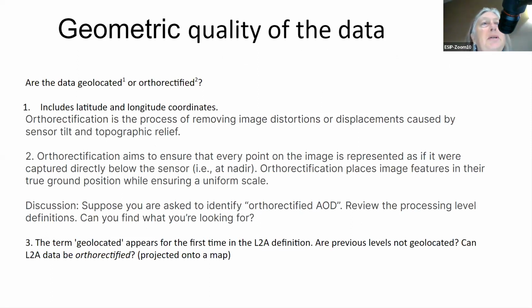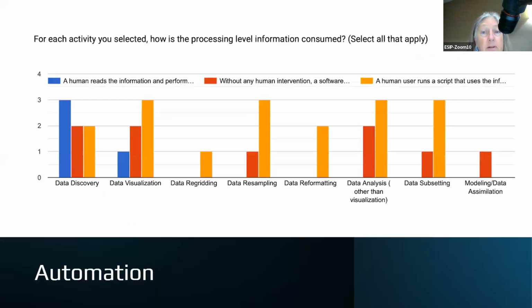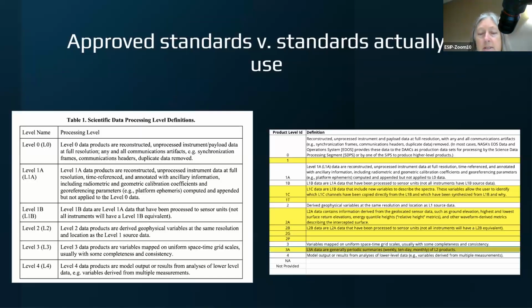If I can respond to that, Rama, let me back up here and point out what is going on. The ones on the left are the standard approved processing levels. The ones on the right are the ones that are actually being affixed. And you're right, Doug, we should get some metrics, but we had Tom talking here about why they don't find processing levels as they're defined to be adequate.